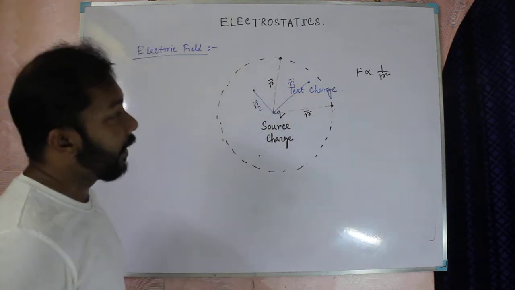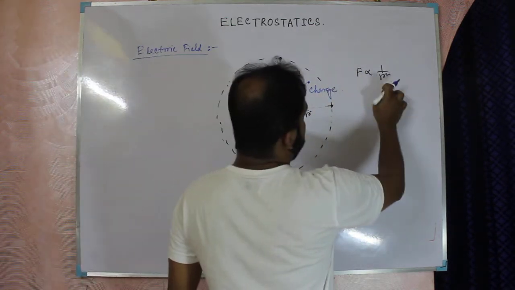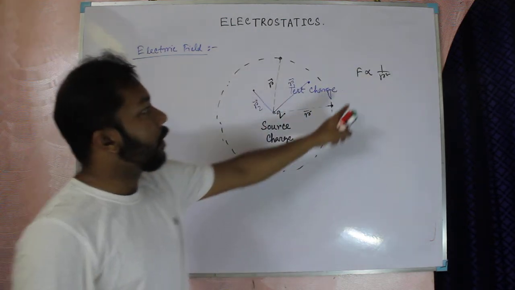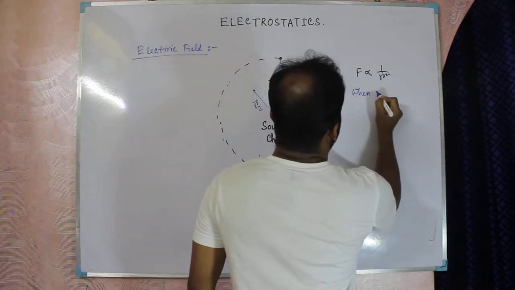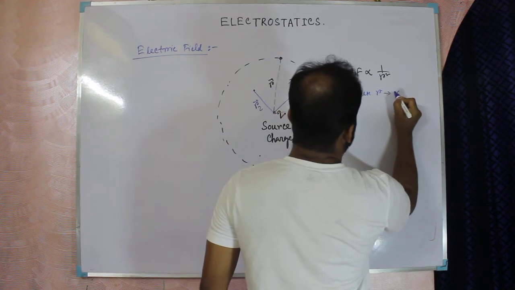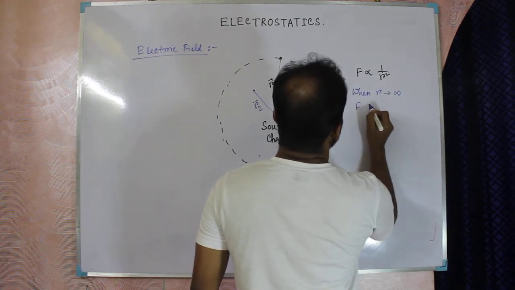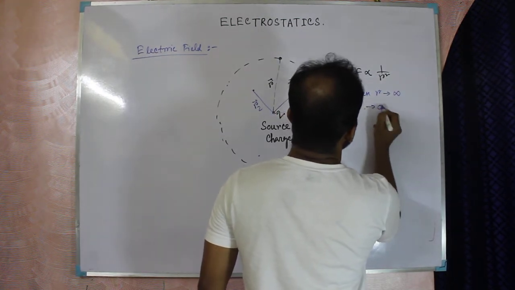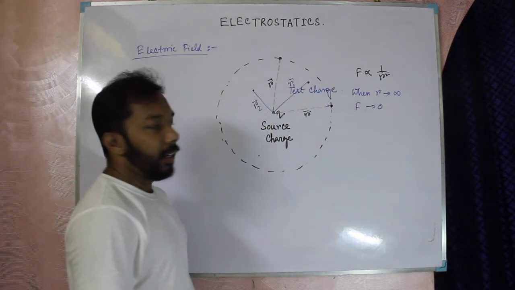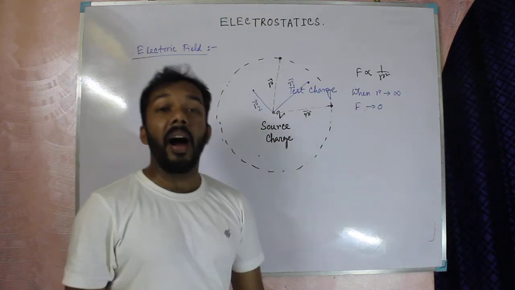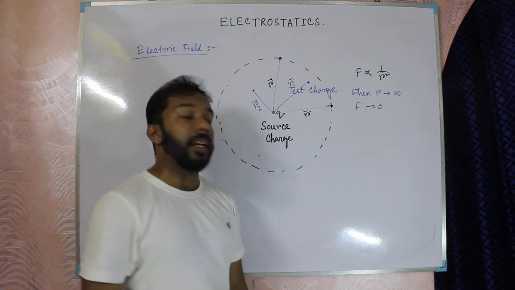Now theoretically, when F is directly proportional to 1 by r square, it can only be 0 when r is infinity. When r tends to infinity, F tends to 0. That means theoretically there is an infinite extent of electric field.